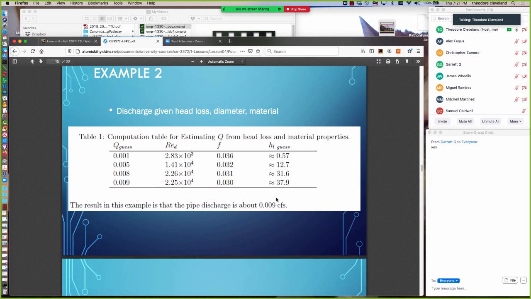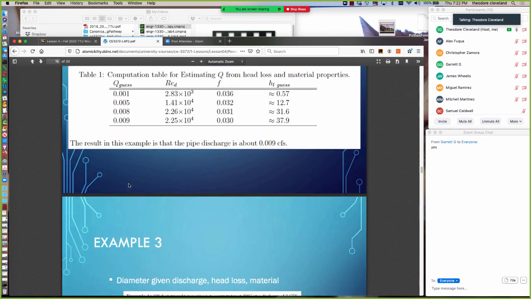So we would conclude the pipe discharge is around 0.009 cubic feet per second. It's going to be a little bigger than that, but it may only be bigger a few more places after the third digit in this case.